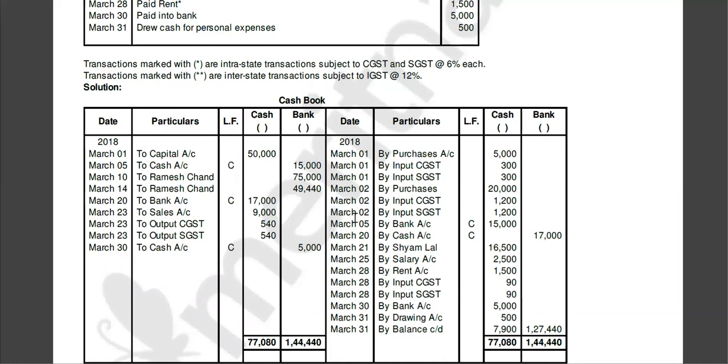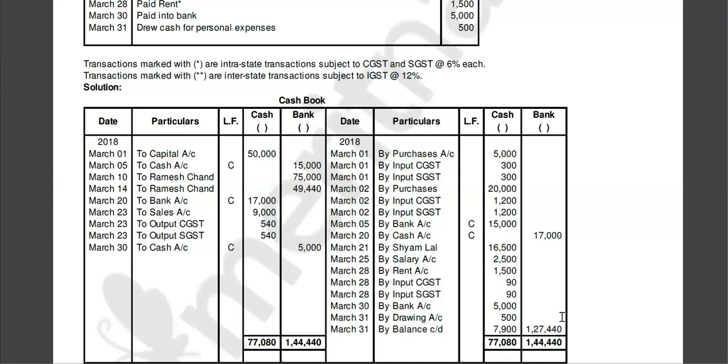The same way you have to tally up the bank column. In the bank column, 1,44,440. You have to subtract 17,000. After subtracting 17,000, you will get 1,27,440.